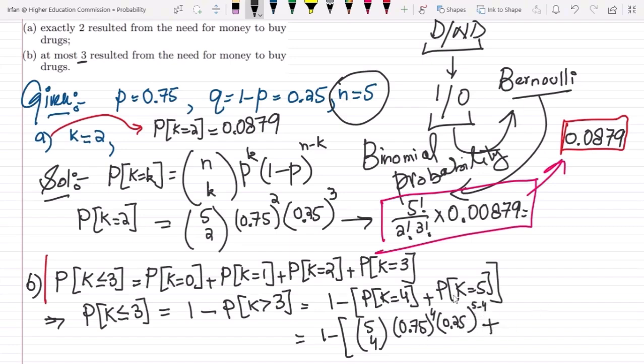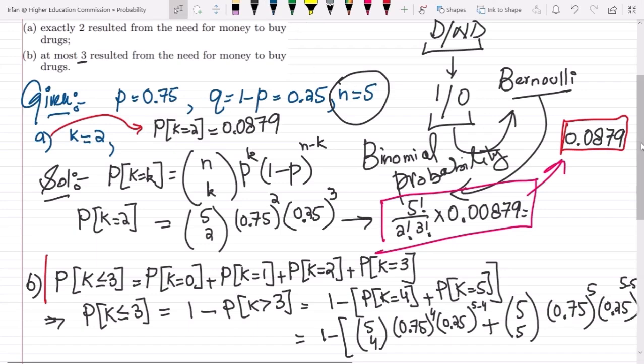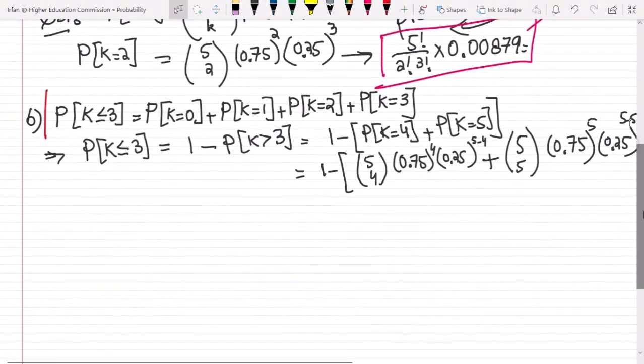Similarly, for the second term here, I will have 5 choose 5, here it will be 0.75, and here it will be 5, and also 0.25, and 5 minus 5 here I will have. Okay, so let me move down somehow here as well to see the solution of it.